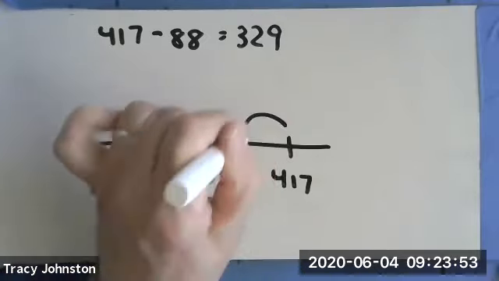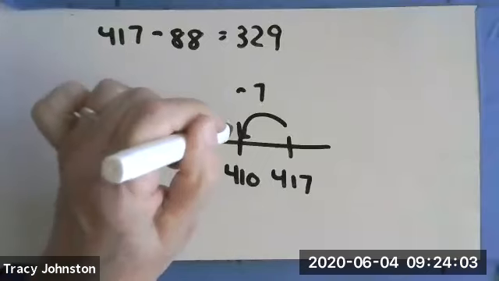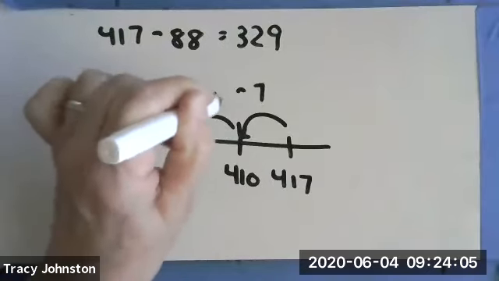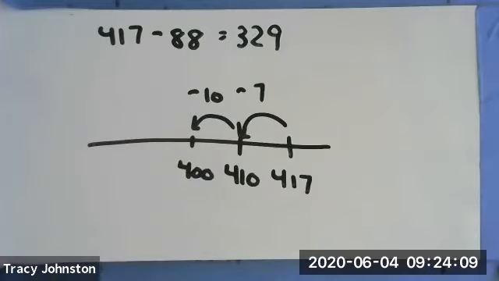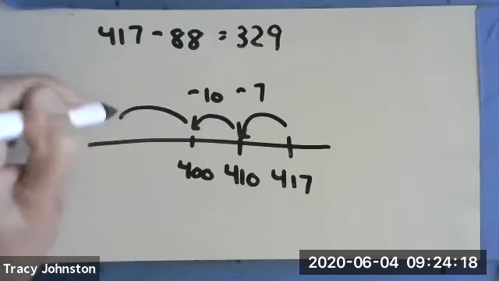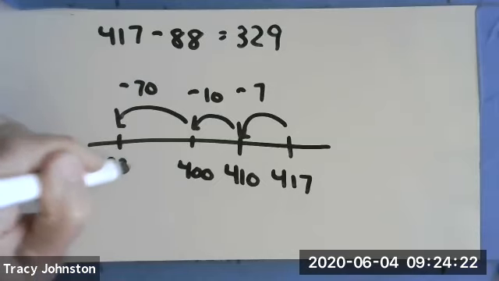Well, I liked that subtract 7 because that got me to 410. But let's say that I'm not good at subtracting 80 from 410. Maybe I'm not comfortable with that. So why don't I subtract 10 and get myself to 400. Now I need to subtract 70. I can either subtract 70 if I'm comfortable with that, which takes me to 330.